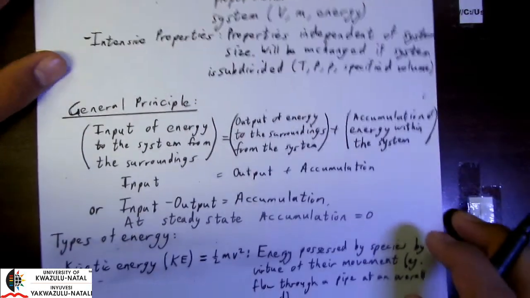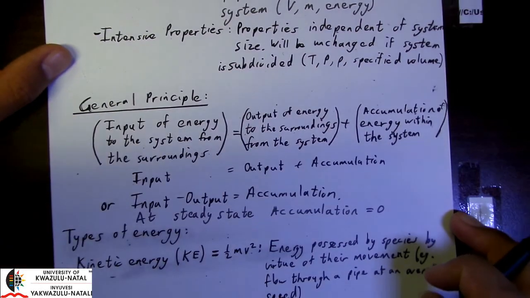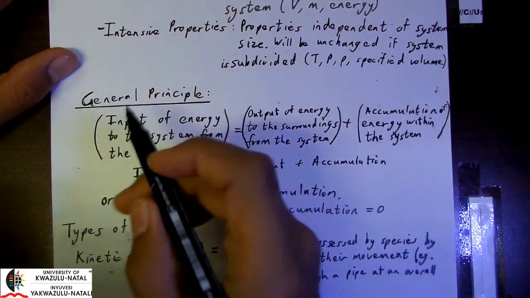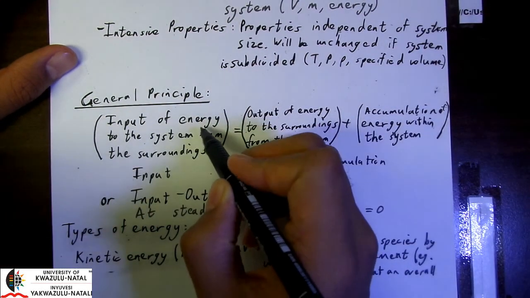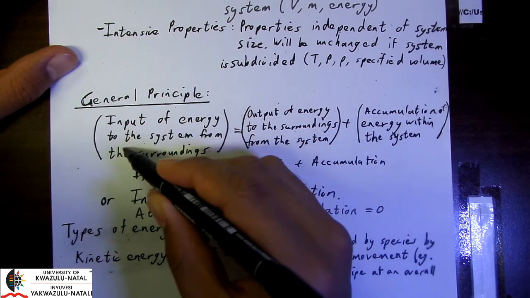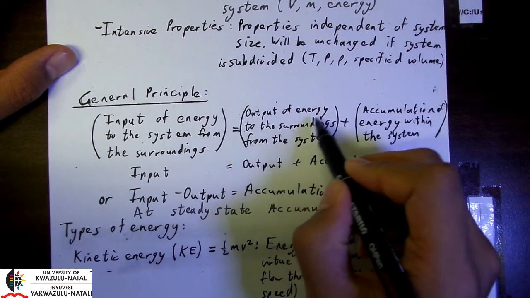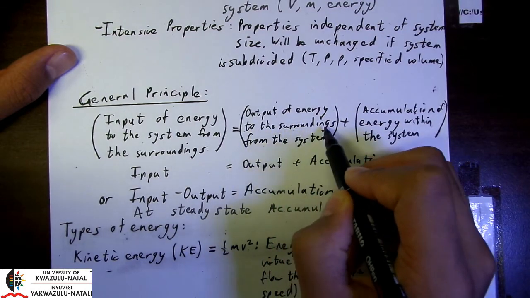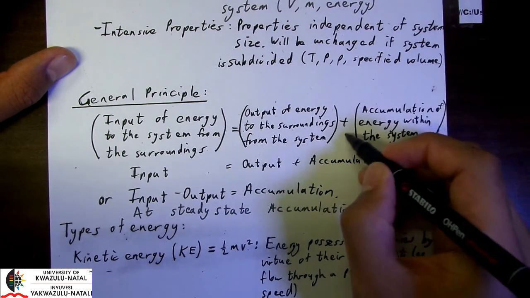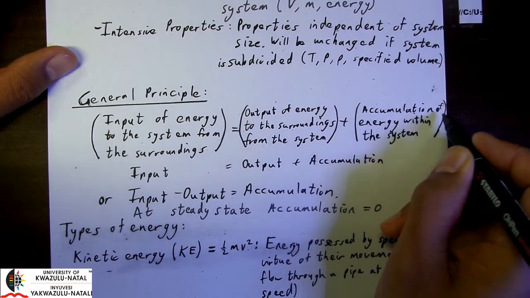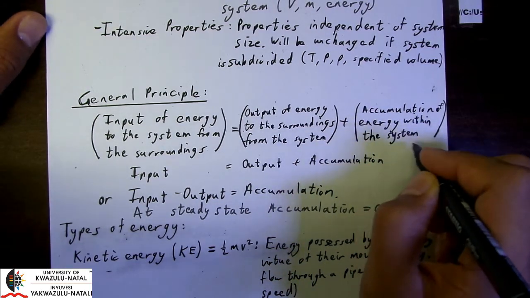Okay, so now let's look at our general principle for energy balancing. Our input of energy to the system from our surroundings is equal to the output of energy to the surroundings from the system plus the accumulation of energy within the system.